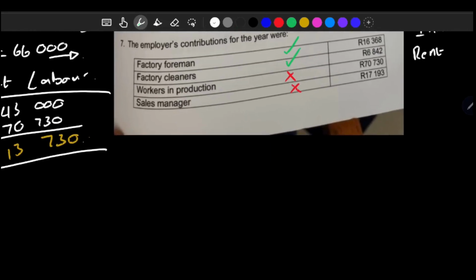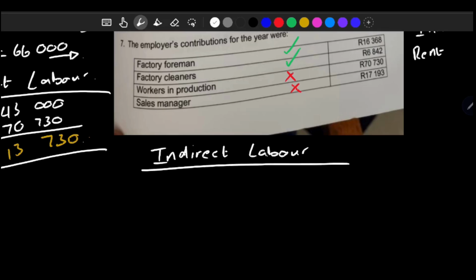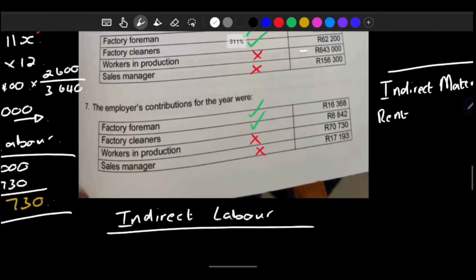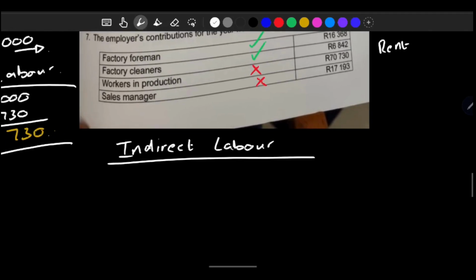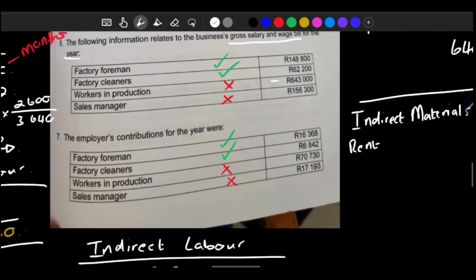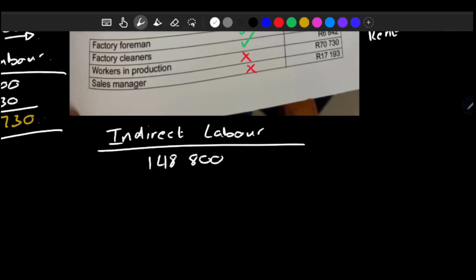So indirect labor here. Please don't judge me, I am tutoring accounting for a reason and not English. So we have the 148,800 for the factory foreman, and for the cleaners we have 62,200. Those are their normal salaries.